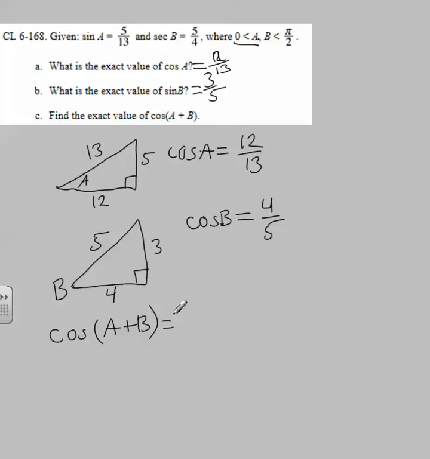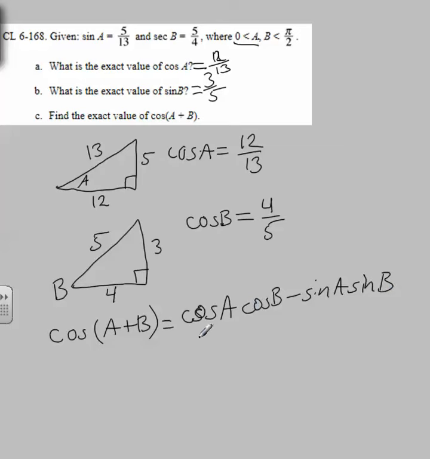So I have a cosine, so I see that it's cosine of A times cosine of B minus sine of A sine of B. So this part just came from my notes.